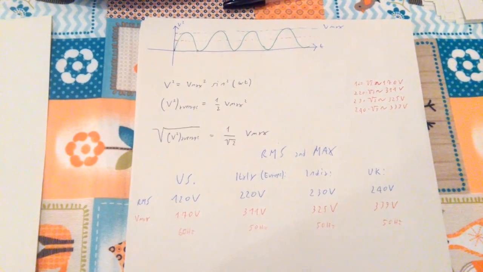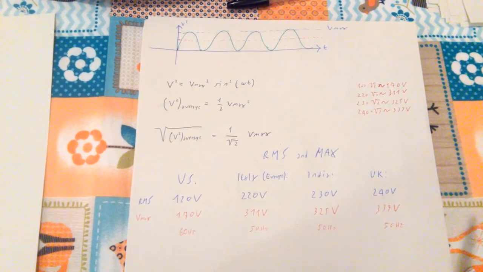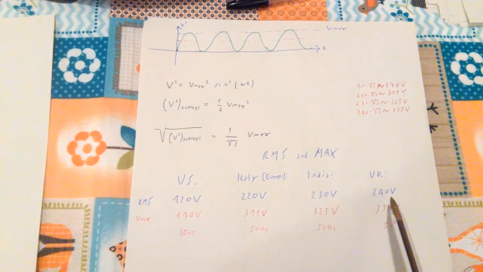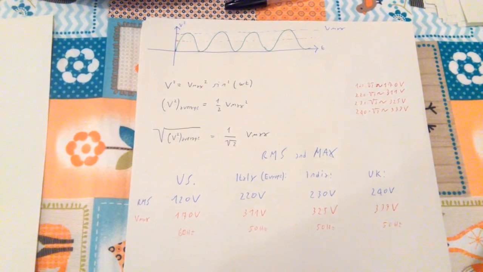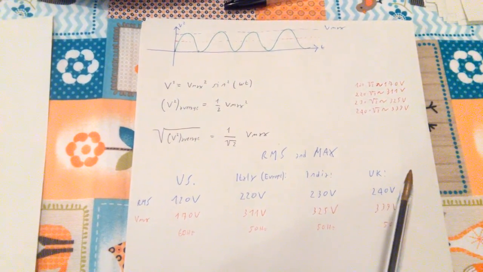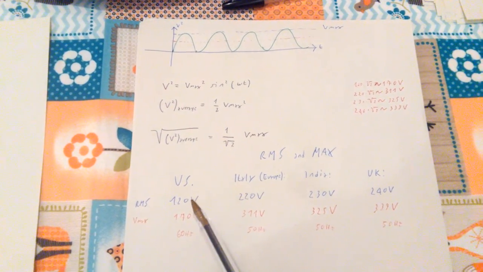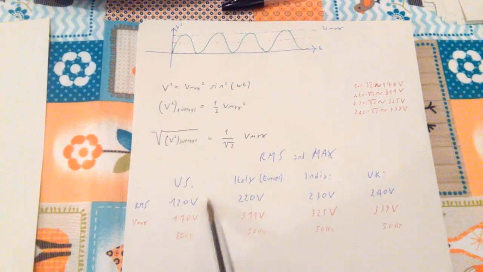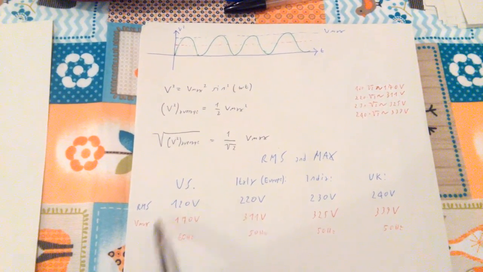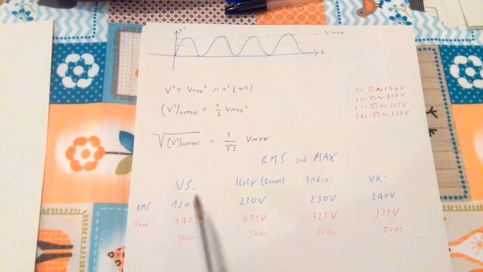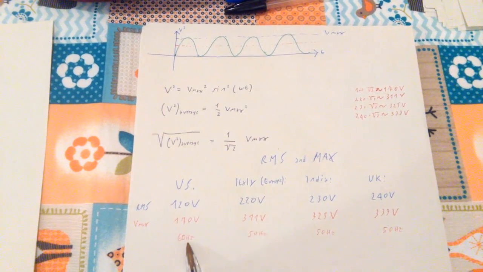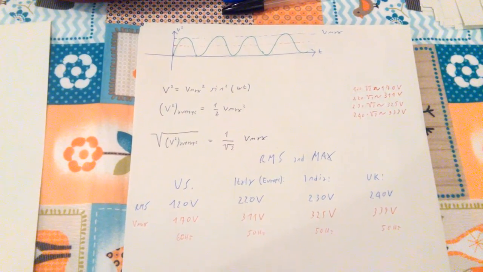I've been kind of surprised to learn that the UK definitely has 240 volts, but in the Commonwealth, there are many differences. For instance, Canada is in the Commonwealth, but is still using and relying on US standards. So 120 volt RMS, 170 volt Vmax, 60 hertz.